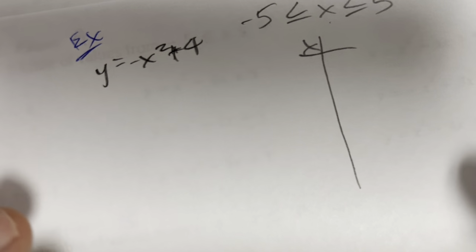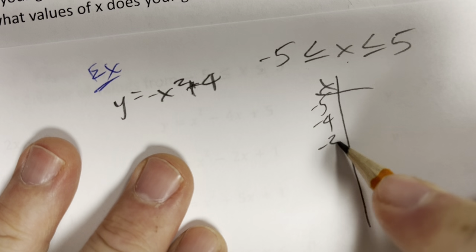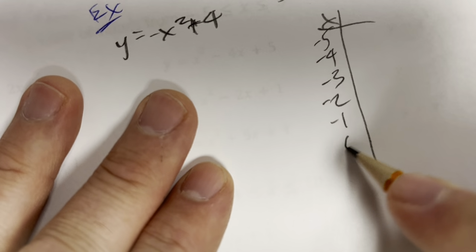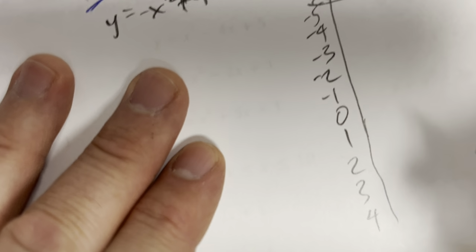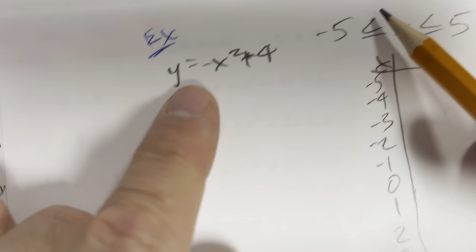What this means is I'm going to have negative 5, negative 4, negative 3, negative 2, negative 1, 0. I'm going to extend my t-table: 1, 2, 3, 4, and 5. So you're going to have this extra long t-table that you're going to show all of your work for, and then you're going to plug this in to find your values.